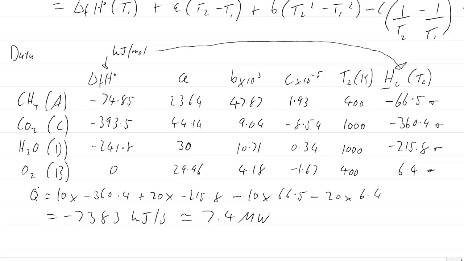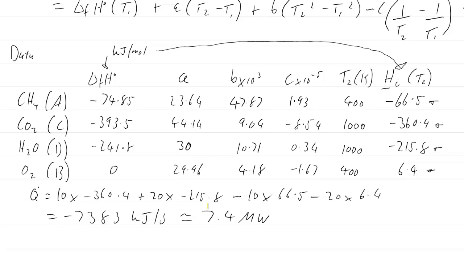Now looking at this, I have a negative here, which is what I expect. I expect heat to be leaving the system. And then I've got a number of the order of several megawatts, and that seems reasonable to me for a boiler.